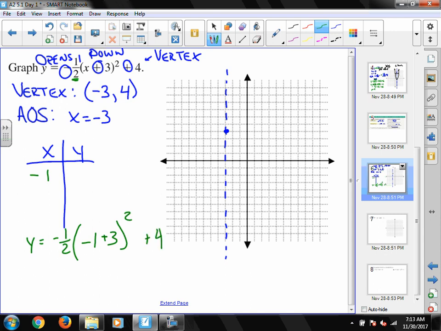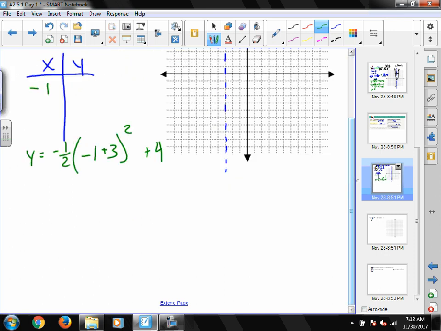And now it is all order of operations. So you get -1/2 times (-1 plus 3), which is 2, squared, plus 4. And here's why I chose it: -1/2 times 4. 4 multiplies 1/2 very nicely. You can cut it into 1/2.